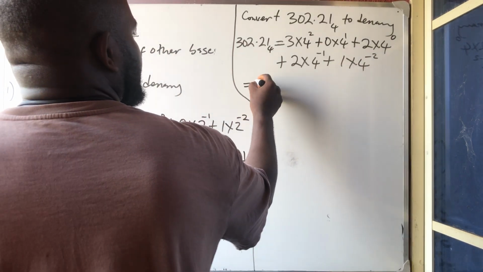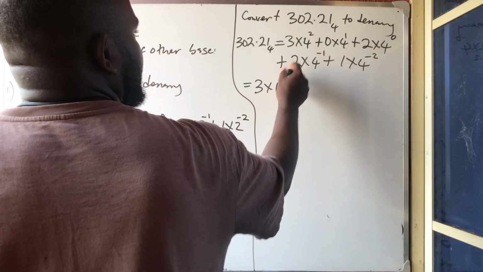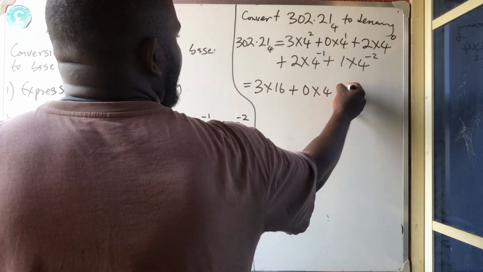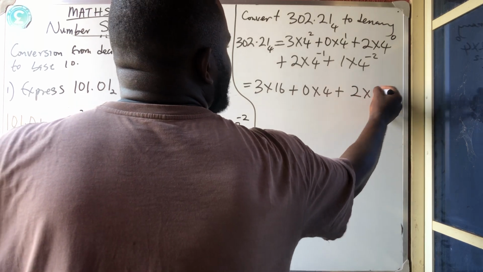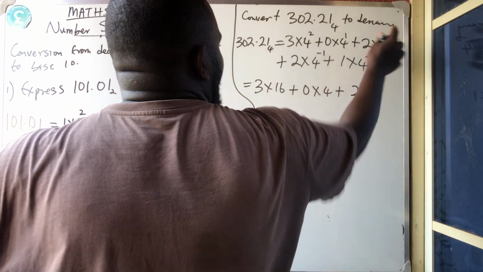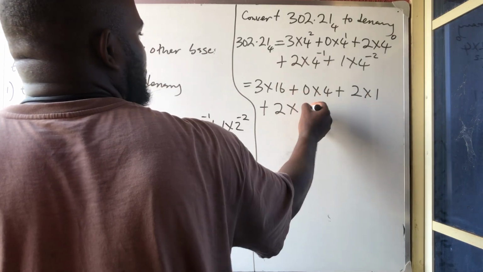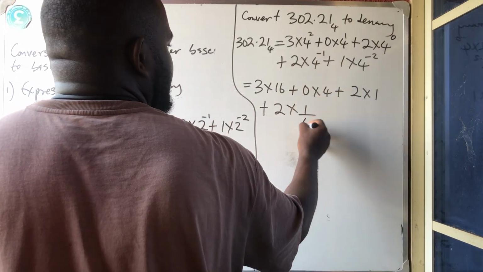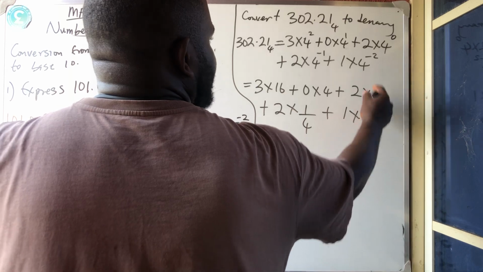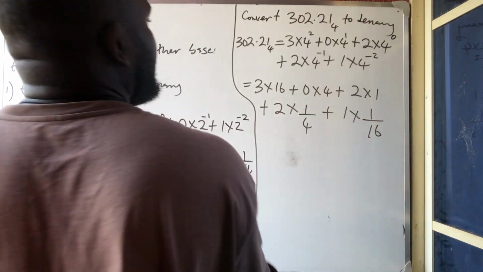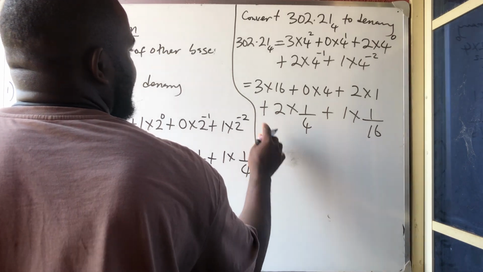So my answer becomes 3 times 16 for this one plus 0 times 4 plus 2 times 1, because anything raised to power 0 is 1, plus 2 times, because of the minus, 1 over 4 raised to power 1 is 4, plus 1 times, because of the minus, 1 over 4 raised to power 2, this is 16.